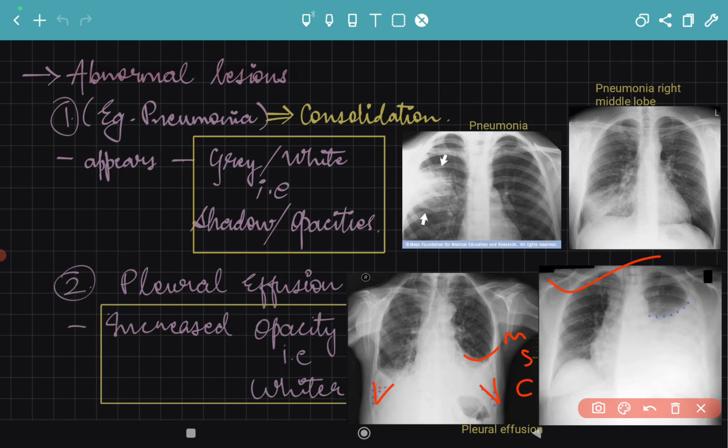In this example we can see there is massive left side pleural effusion. We can clearly see the radio opacity. That was about the chest X-ray, normal one and the abnormal one, considering two examples at least, pneumonia and pleural effusion. Hope that this was helpful for you.